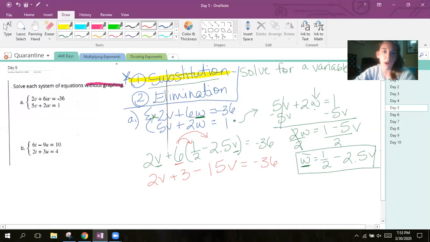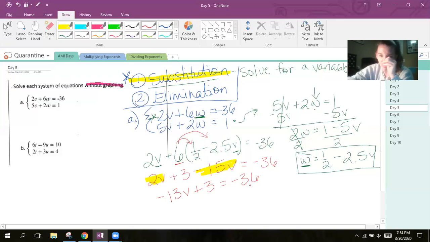Okay, so now before I move on, I need to combine my like terms. Okay, and what I mean by that are the terms that have either the same variable or they're both constants, meaning they're numbers by themselves. Okay, so I see that I have this 2v and I have a negative 15v. So I'm going to combine those two together. Okay, so positive 2 minus 15, that's going to give me a negative 13v plus 3 equals a negative 36.